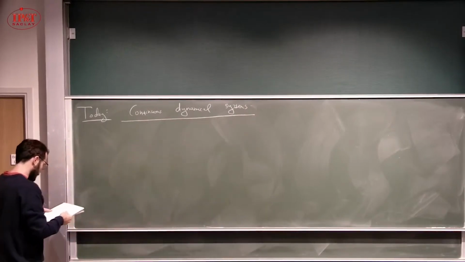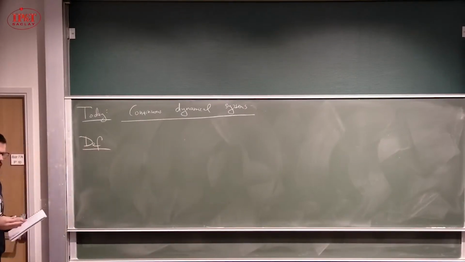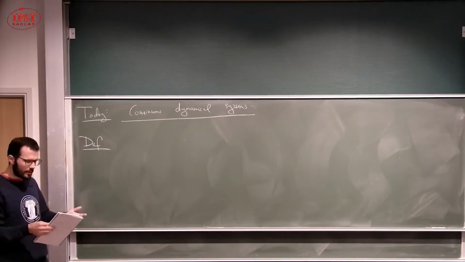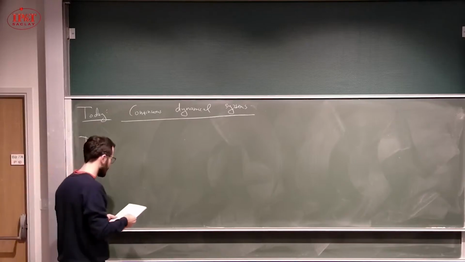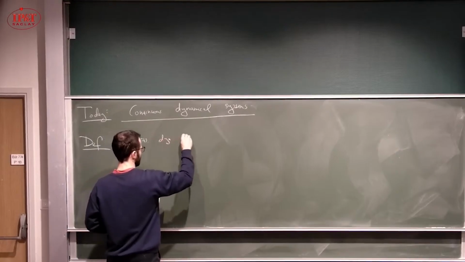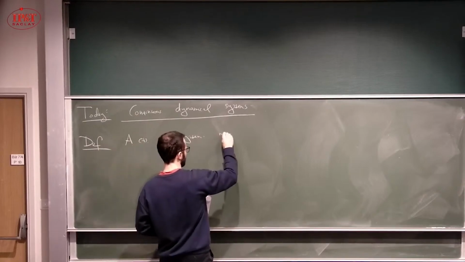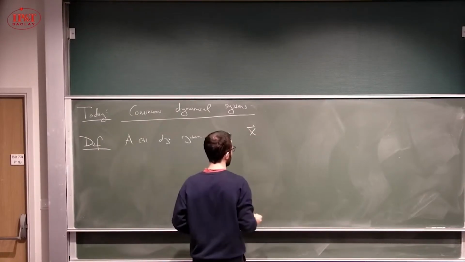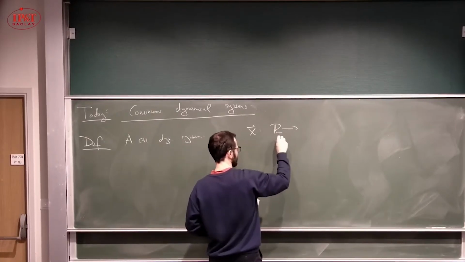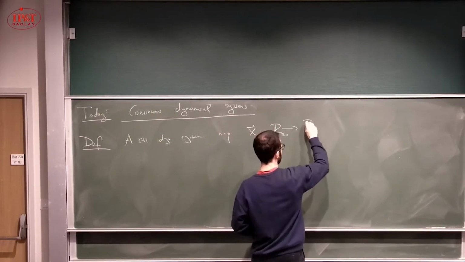What is a continuous dynamical system? So it's basically a first order differential equation where the variable is time, and the thing which is evolving is some vector in Rn. So a continuous dynamical system is a map from time, so time is non-negative reals, to Rn.